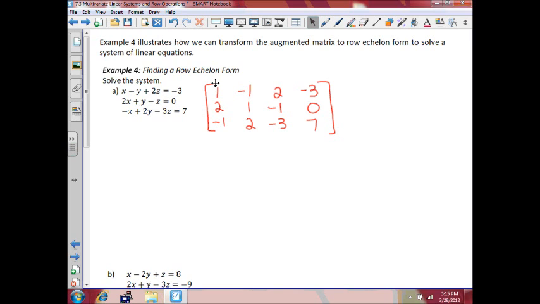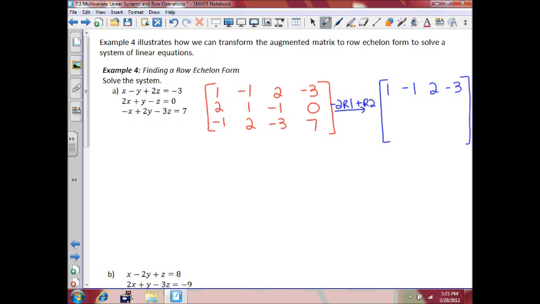Generally, the way you transform these rows is to get rid of the first entry in the second and third rows. The row that we want to change, we put an arrow next to it. Because the first entry is 2, I want to do negative 2 times the first row plus the second row. The first row is not going to change here.